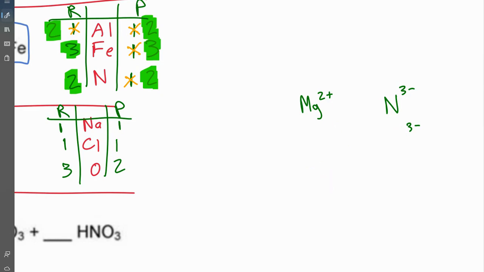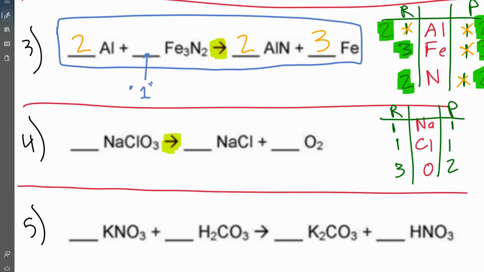Or the other thing you can do is take the number and bring it down. So if we were to write this formula, it'd be magnesium 3, nitrogen 2. The one that had a charge of 2 gets a 3, and the one that had a charge of 3 gets 2. We can do that over here just the same.